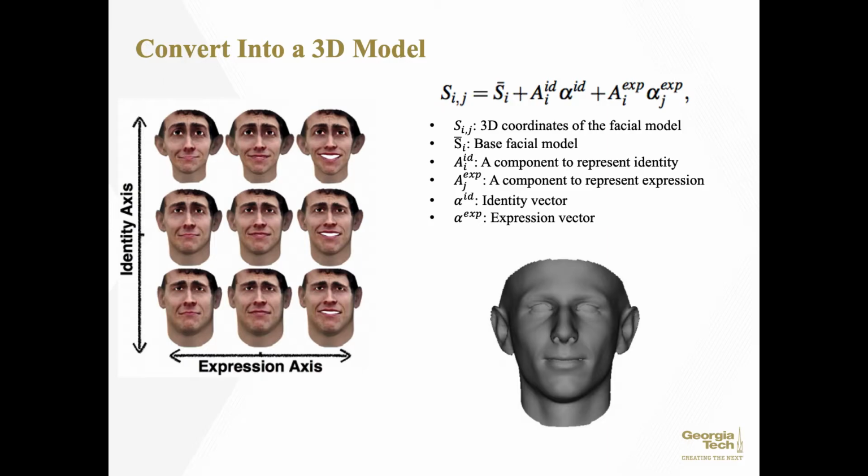S bar i, you can think of it more formally as the average of the 3D coordinates of the population, but it is what we'll be using as the base in this formula. A_ID and A_EXP are components that represent identity and expression, respectively, while alpha ID and alpha EXP are identity and expression vectors that are individual specific.